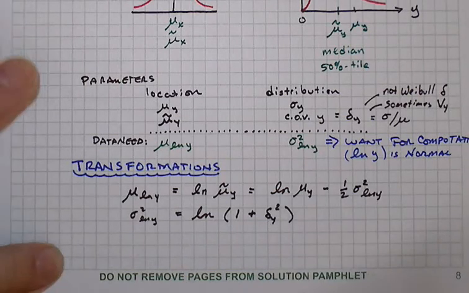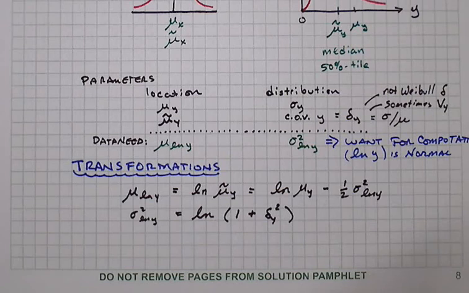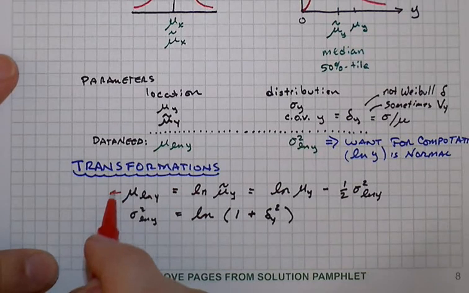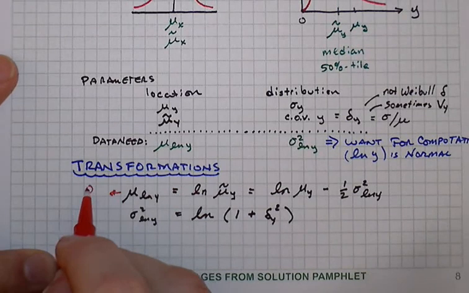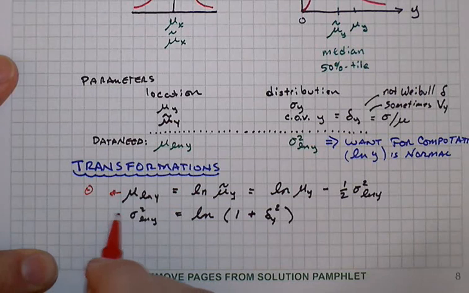Right? In terms of what you have in your Montgomery and Runger textbook, the mean of the natural log of y is what they call theta, and the variance of the natural log of y is omega squared.